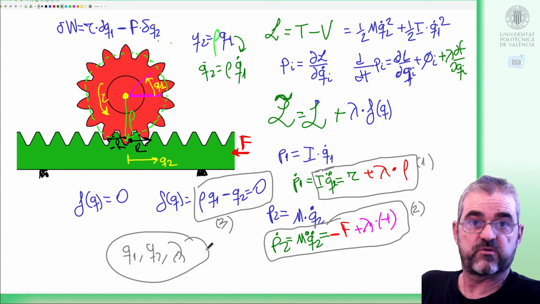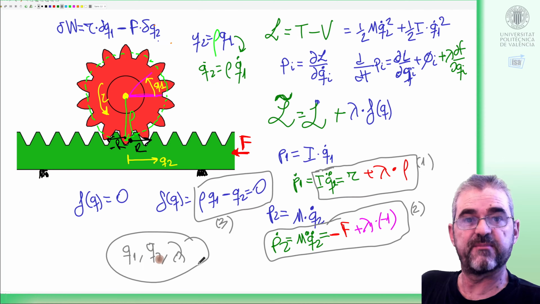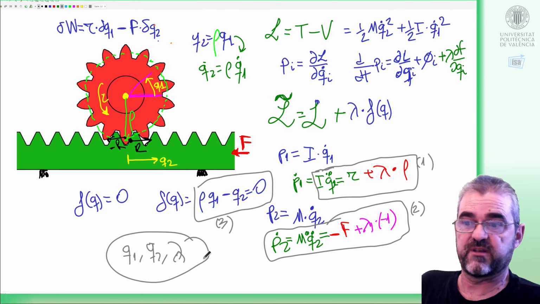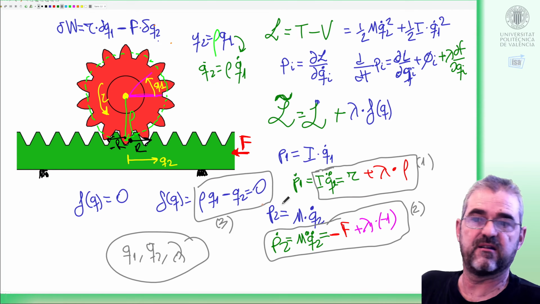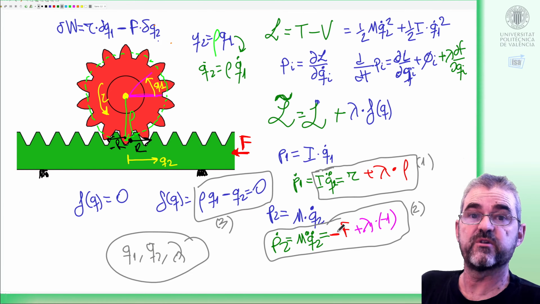So with suitable manipulations, we will be able to solve this system of differential-algebraic equations to get Q1, Q2, and lambda. Of course, we can substitute, replace, and do whatever manipulations we wish. And indeed, we have already done that in a previous video in which we considered reaction forces.